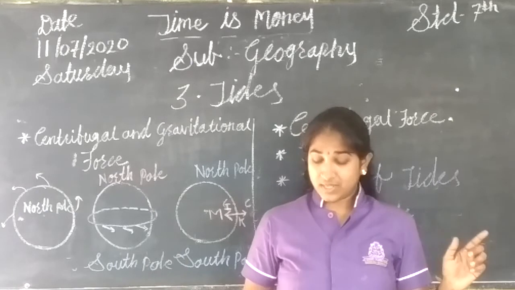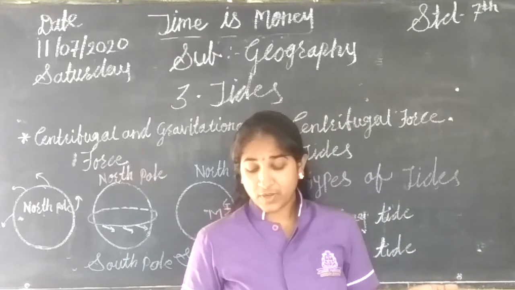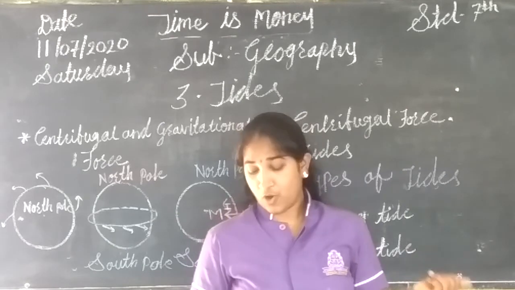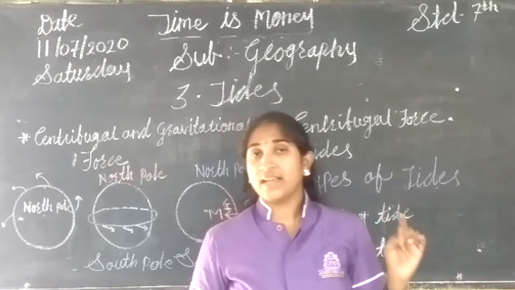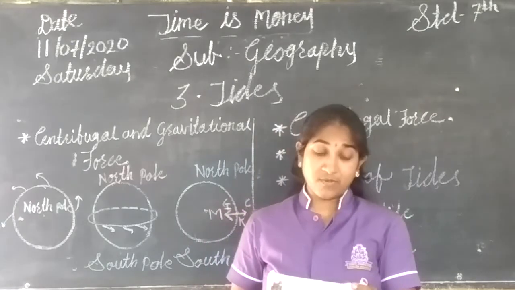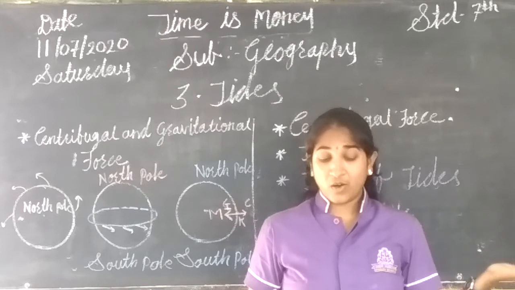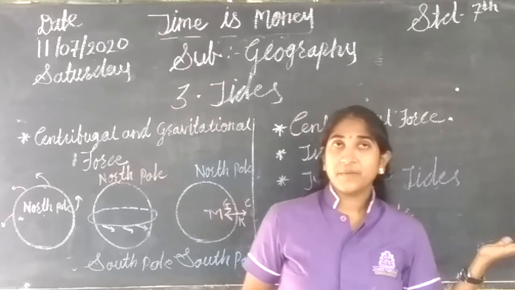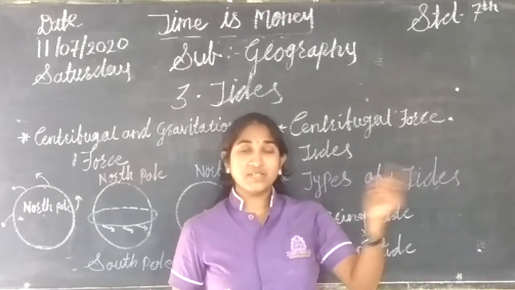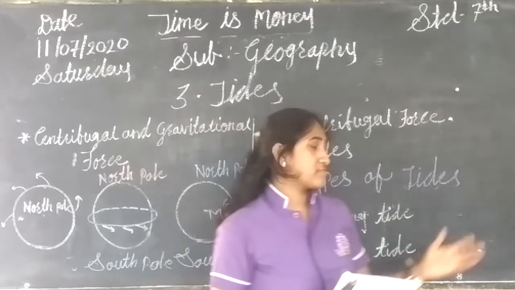That is one reason for the tide: the gravitational pull of the moon and the sun as well as the earth. Then next is the revolution of the earth around the sun and the indirect revolution of the moon around the sun. See, the earth is always revolving around the sun, right?